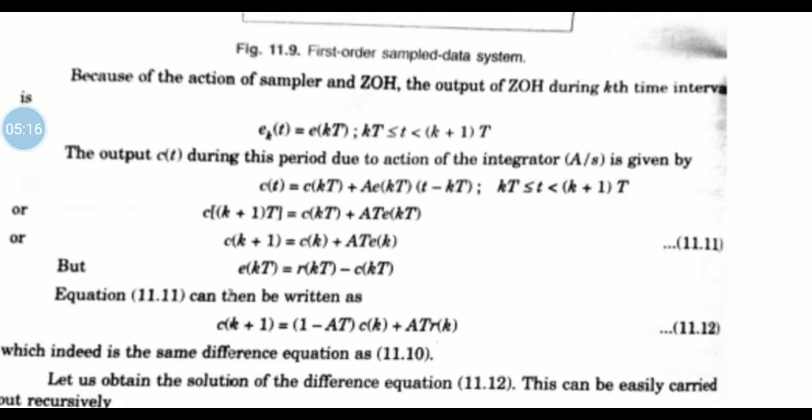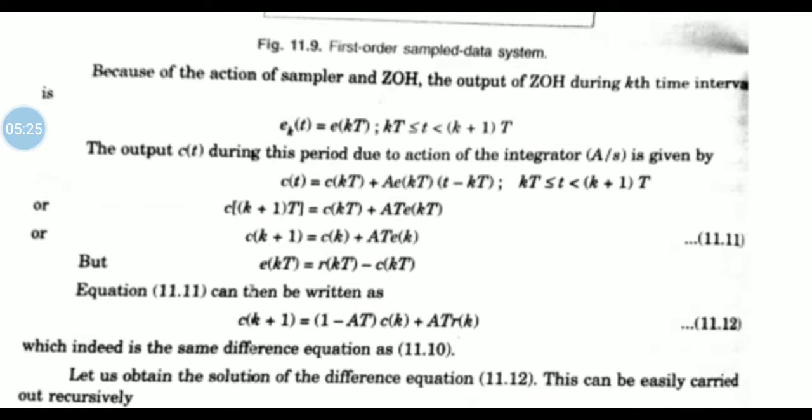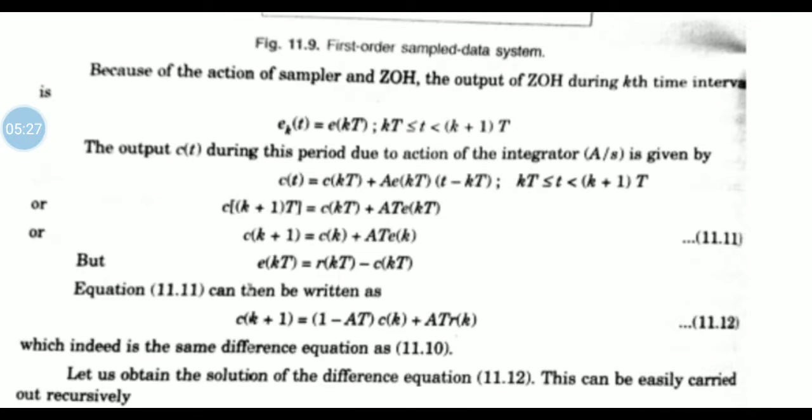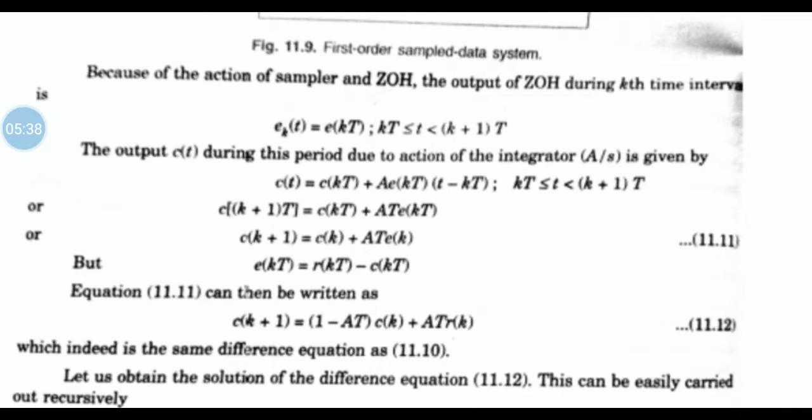The output c of t during this period, due to the action of the integrator a by s, is given by c of t is equal to c of kT plus a e of kT into (t minus kT), where t is greater than or equal to kT and less than (k plus 1)T. Then we can write c of (k plus 1)T is equal to c of kT plus aT e of kT.